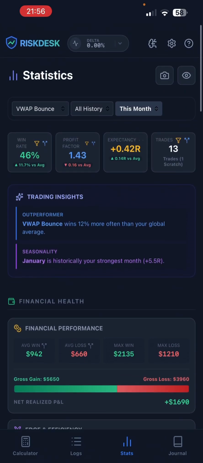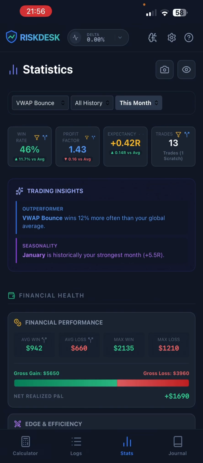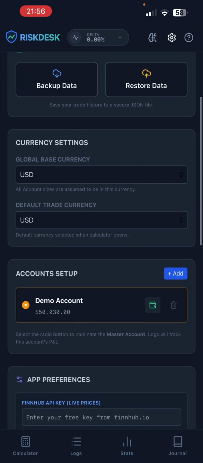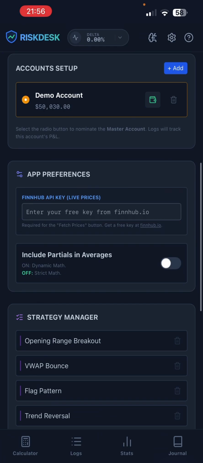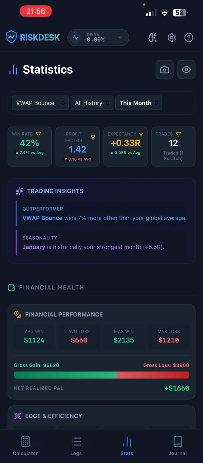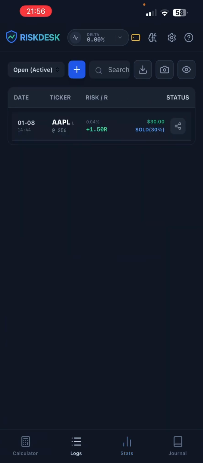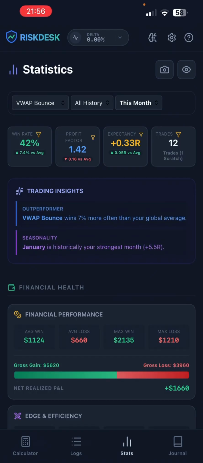So it's saying 13 trades over this last month. Let's come back and turn partials off so it only considers fully closed trades. You can now see it comes back to 12 trades, and the 13th trade, which is the partial where I've sold 30% of this Apple trade, is no longer being considered in statistics.